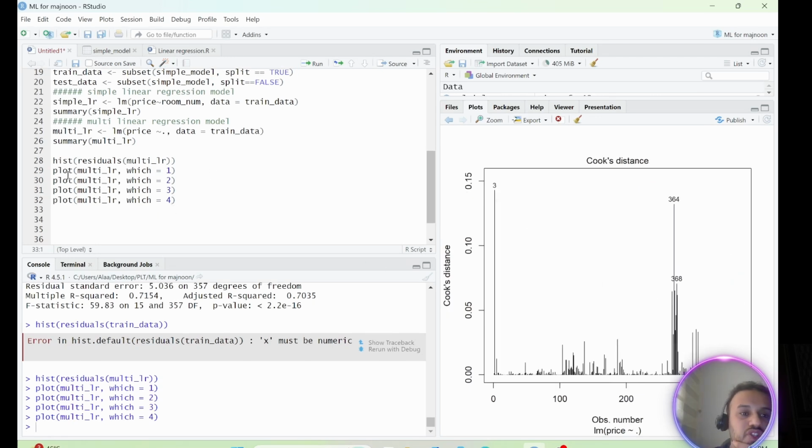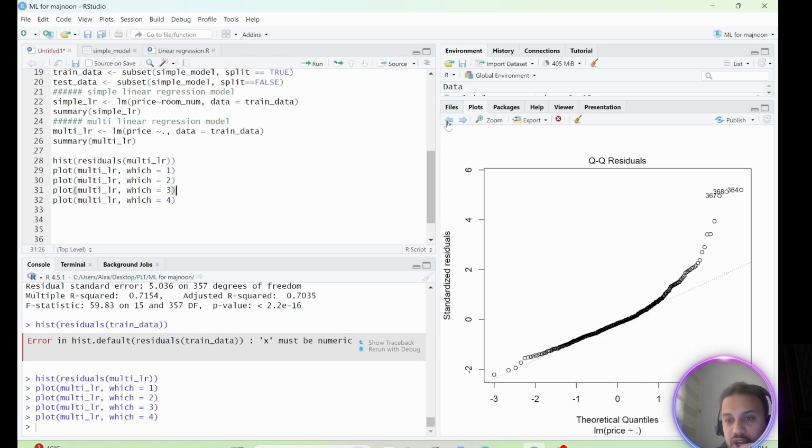You have to check your residuals. Which equal to 1 and which equal to 2 are so important to give you the residuals. You can check from the QQ plot whether your model fits or not. You can see it's not perfectly fit in this part, though it is good in this part, and that means your model is not perfectly fit.